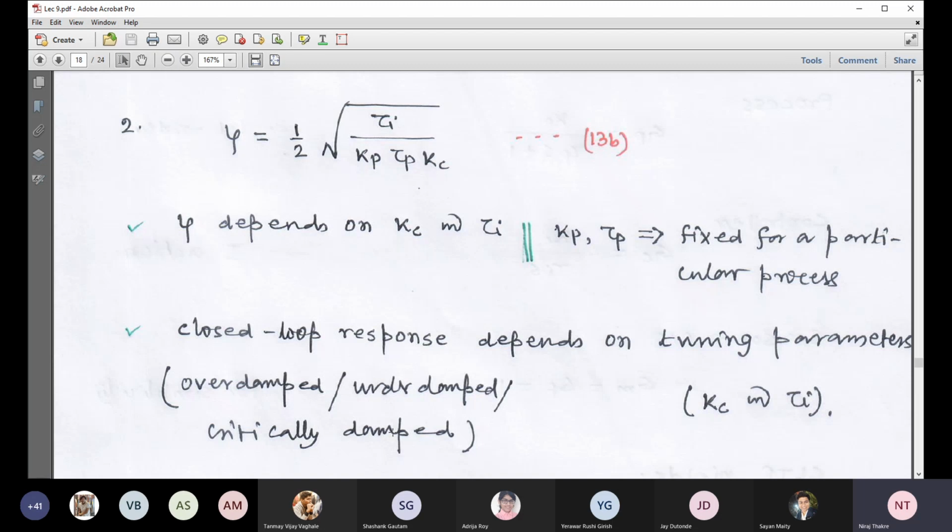Closed loop response may be overdamped, underdamped, or critically damped, and you know their limits in terms of zeta: zeta greater than 1, it is overdamped; equal to 1, critically damped; less than 1, underdamped. So basically these depend on the Kc and tau I values.